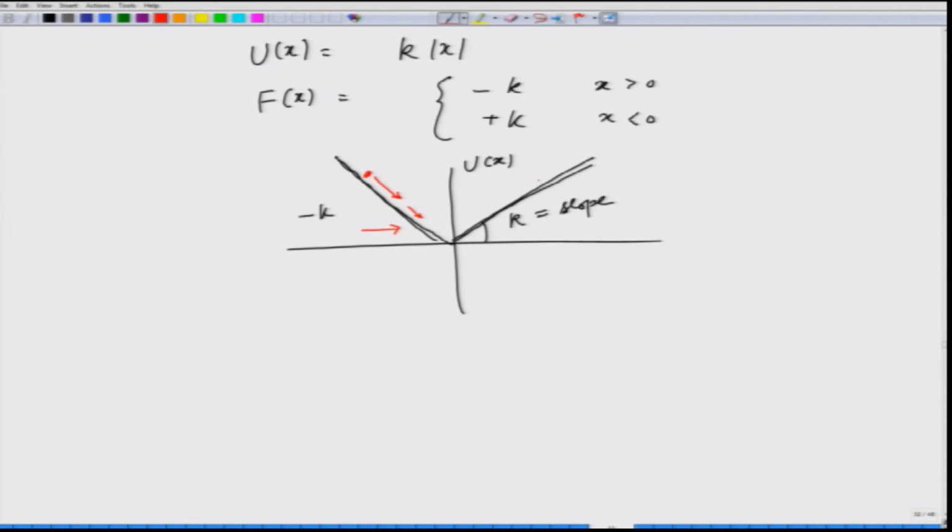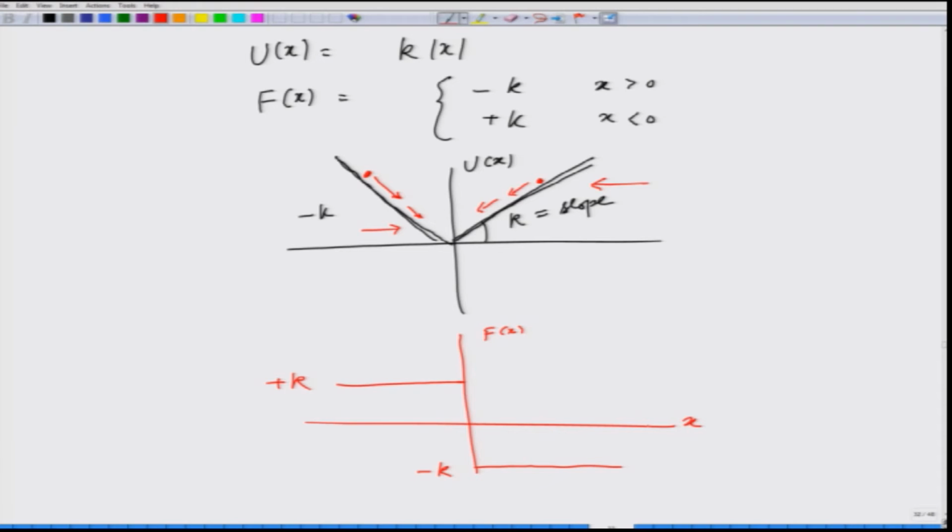If I put a particle on the positive x side, it is again going to tend to slip towards the origin, and the direction of the force is negative. And we have already seen that the force F(x) is minus k for x greater than 0 and plus k for x less than 0, and this is the force curve, x versus the force.